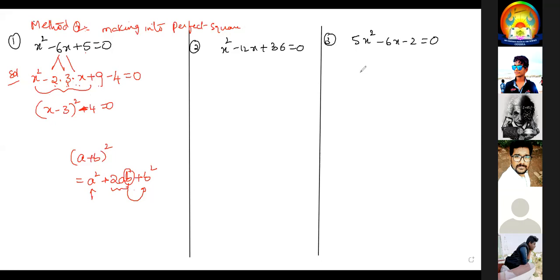This is also called completing the square or making into perfect square. Now it is written as (x minus 3) whole square minus 2 square equal to 0.